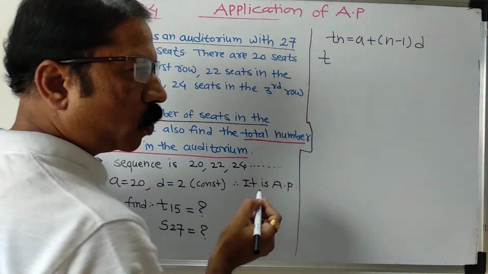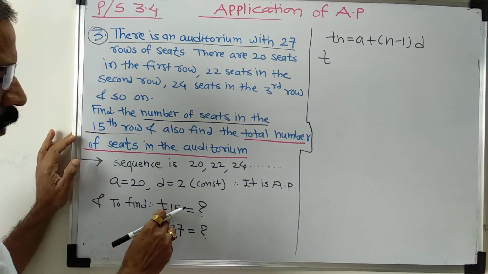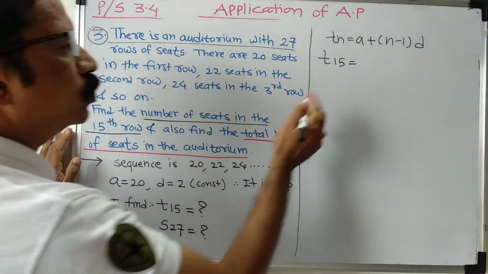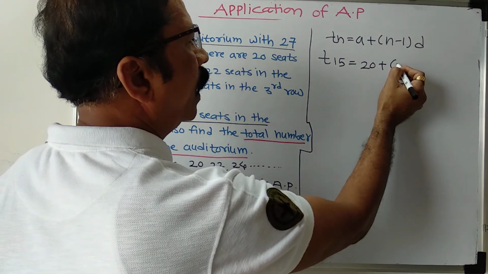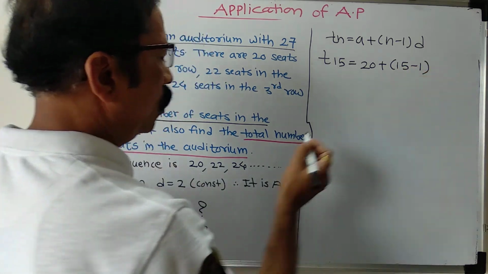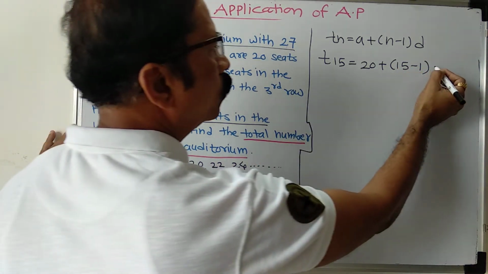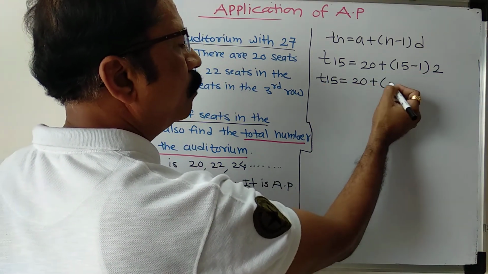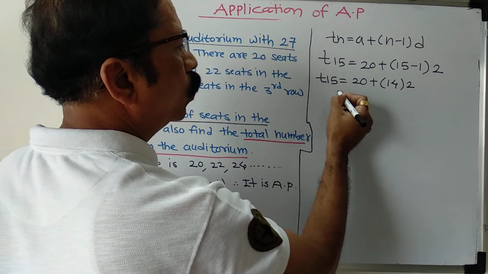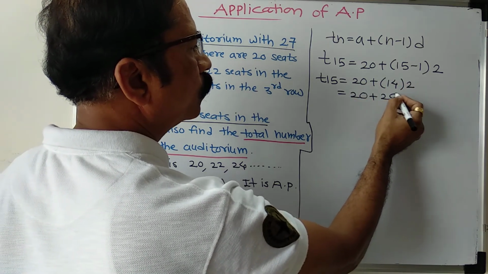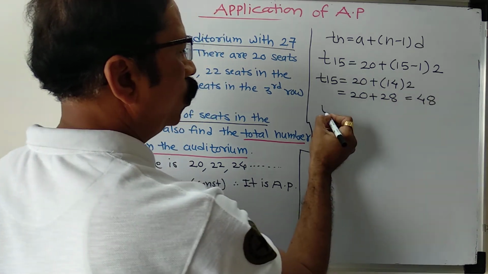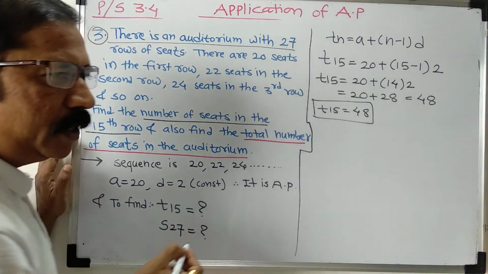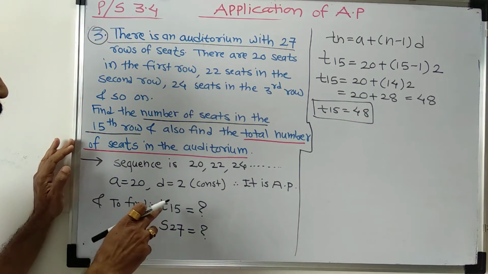So n is equal to 15, T15 you have to find. a means first term, that is 20, plus n minus 1, that is 15 minus 1, common difference d is 2. So T15 is equal to 20 plus 15 minus 1 gives you 14 into 2. So you got T15 is equal to 48. Means there are 48 seats in the 15th row.